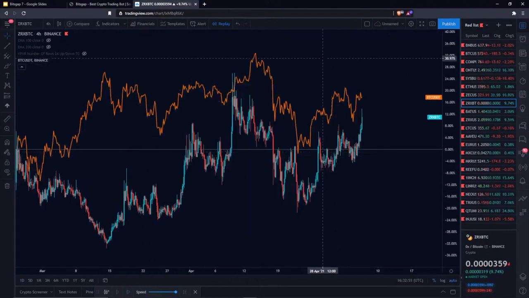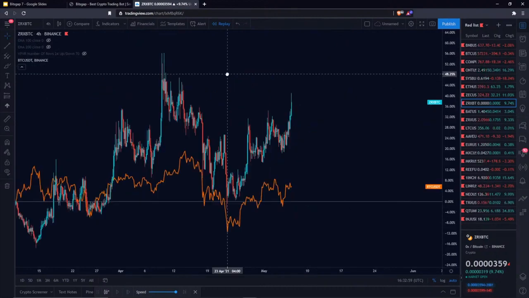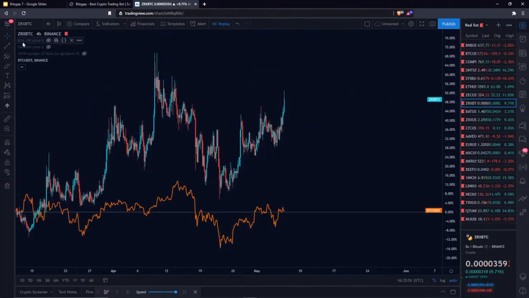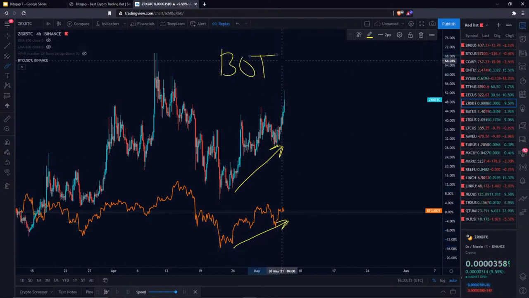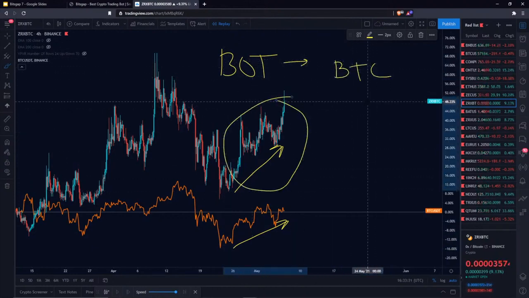So look at that. The thing here is that as the price of 0x relative to Bitcoin rises, you can notice that the value of Bitcoin relative to USDT also rises. So the bot made your returns in BTC on this rally here.